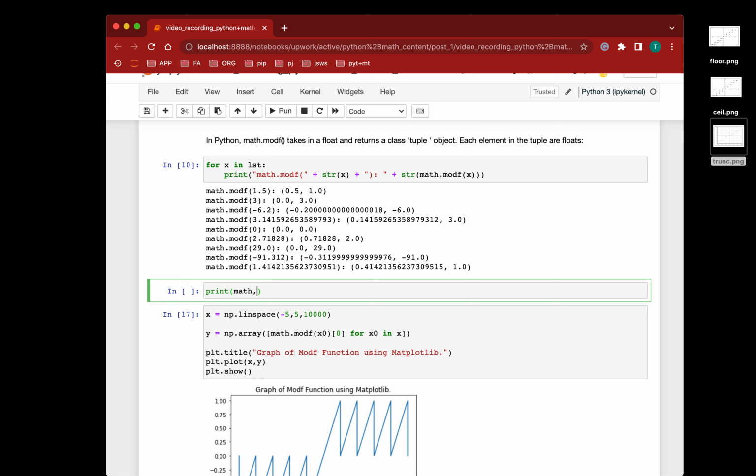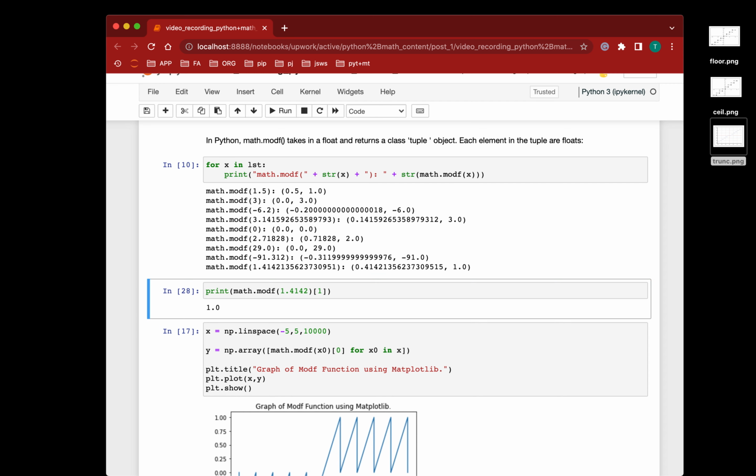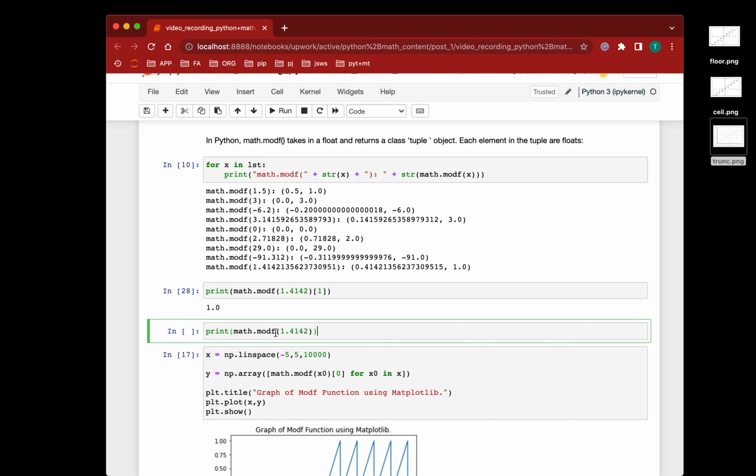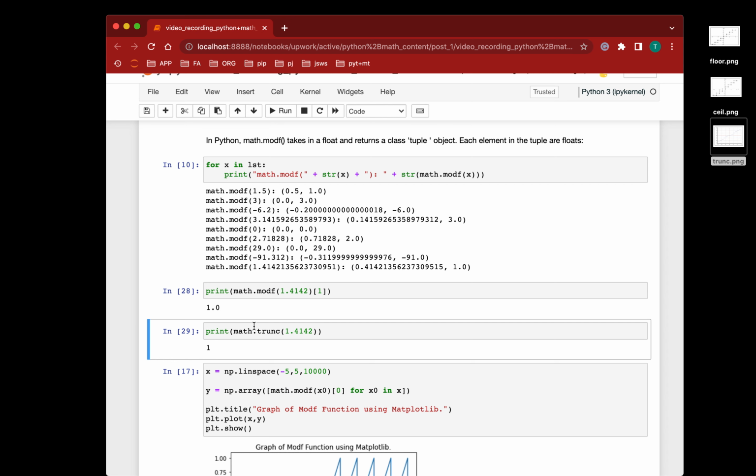So let's try 1.4 here, and if we attach the second component, we get something like this. If we try using the trunc function, we can do this. Okay, so they give you the same output except that the modf function gives you a float and the trunc function gives you an int. If you try doing a negative number, again you get the same number except that the modf gives you a float and trunc gives you an int.